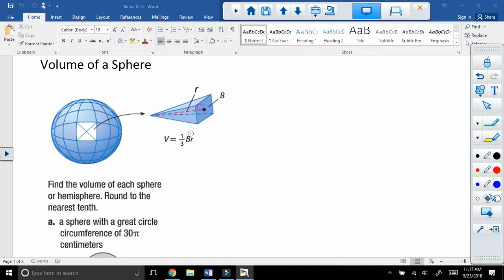So the formula is directly related to this, except the area of the base is part of the surface area of the sphere. If you take all of those and add them together, all of those bases are going to add up to be the surface area, which is 4 pi r squared. Correct? So the volume is 1/3 times 4 pi r squared times the radius, which is the height of that pyramid.